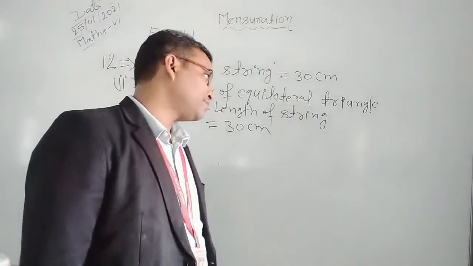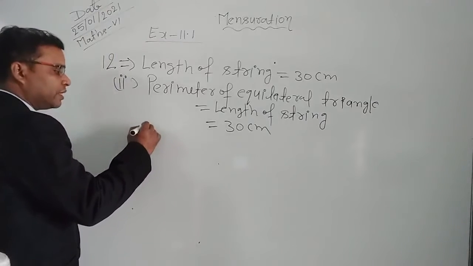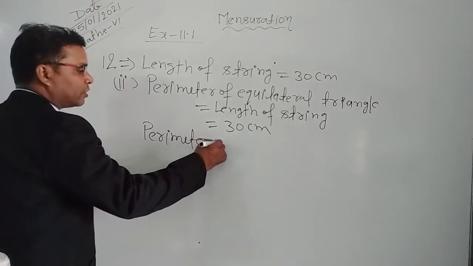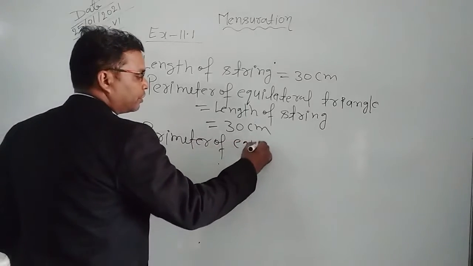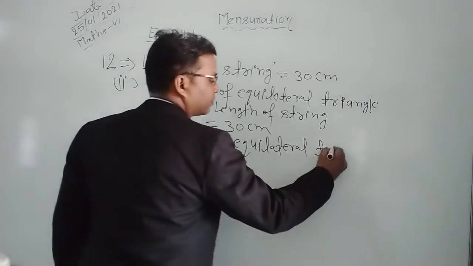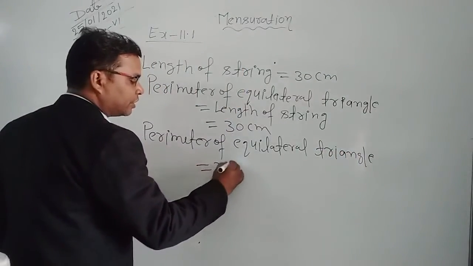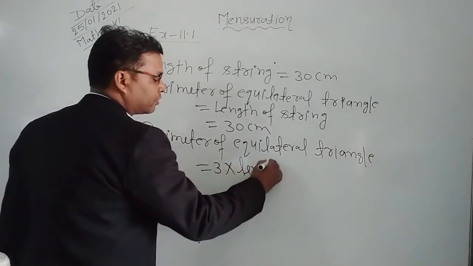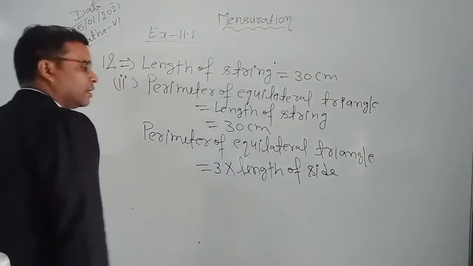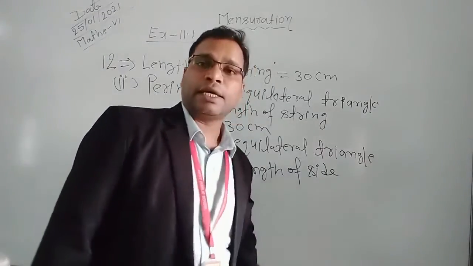This is clear. Now, we know very well the perimeter of an equilateral triangle is equal to 3 into the length of side. We know the perimeter, and we need to find the length of side of this triangle.